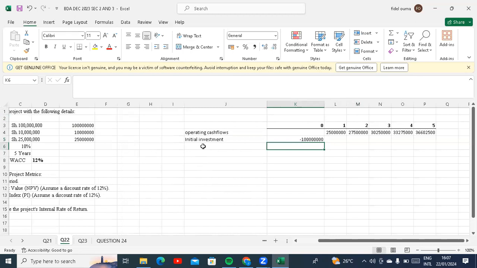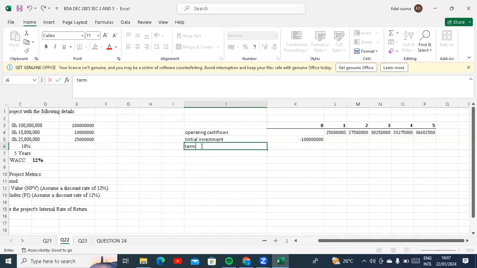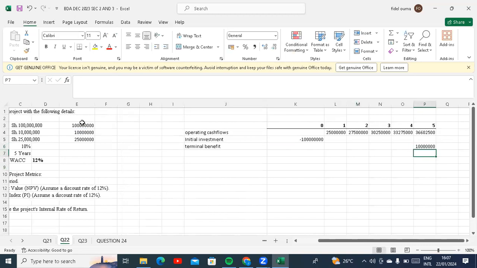Then we have the residual value, which is also known as the salvage value, or the terminal benefit. So I'll use terminal benefit. It's at year 5, at the end of the project life cycle. So I'll pick it, 10.